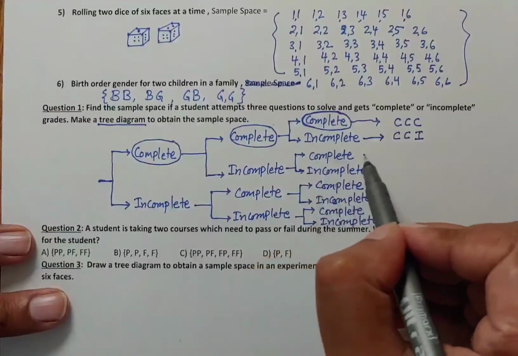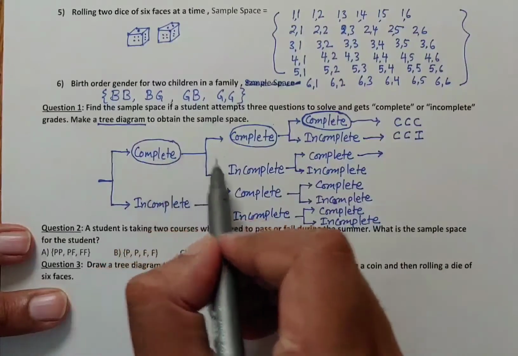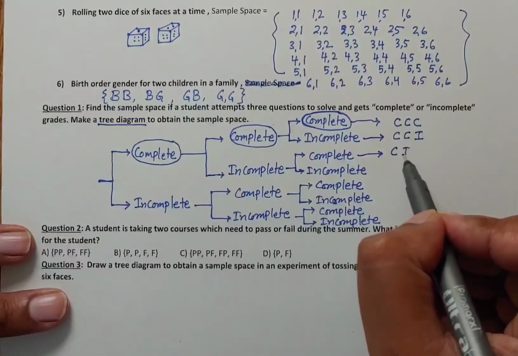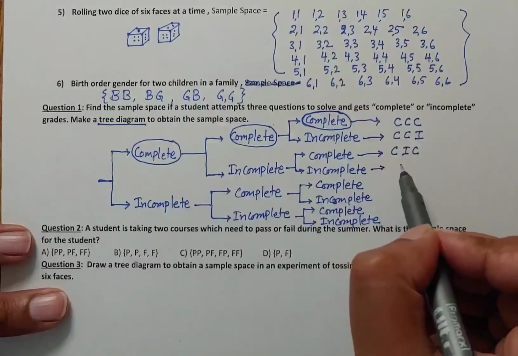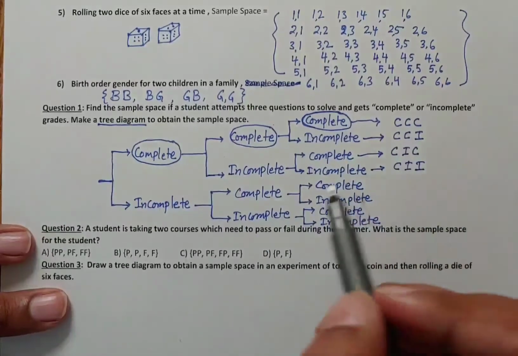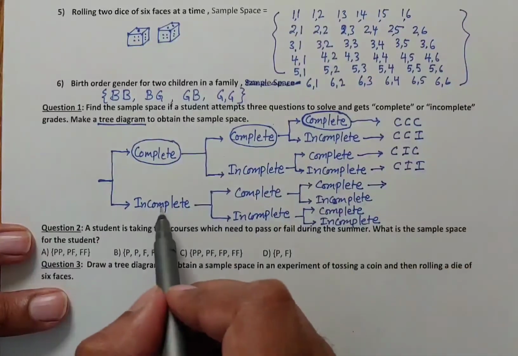Now if you are in this one, you get complete and then incomplete and then complete. So C, I, C. So this is C, I, right? And this is now incomplete.